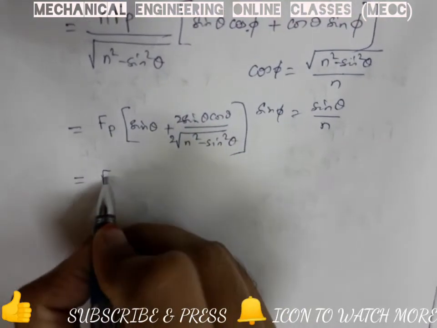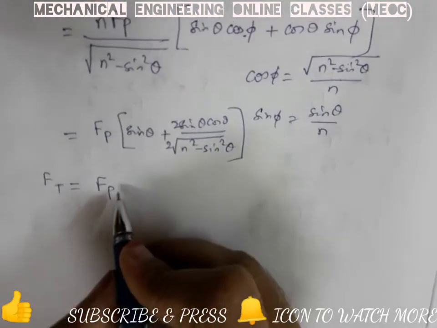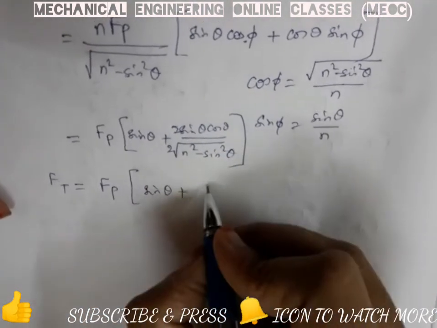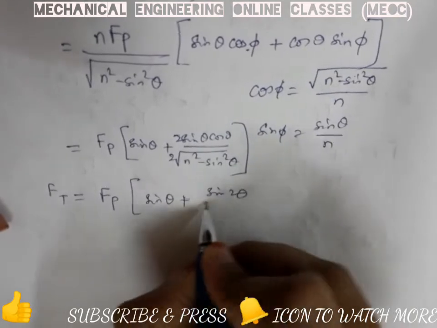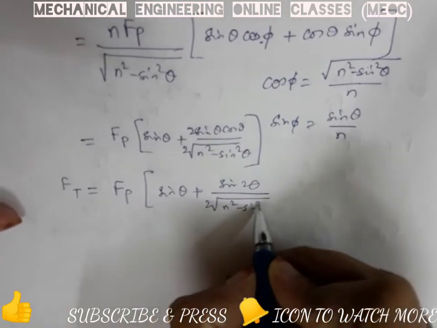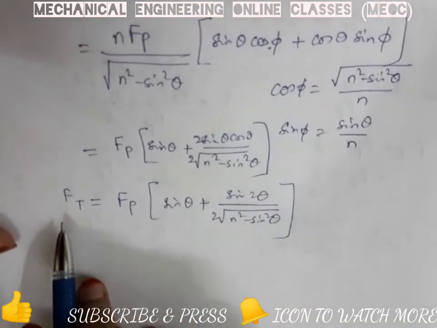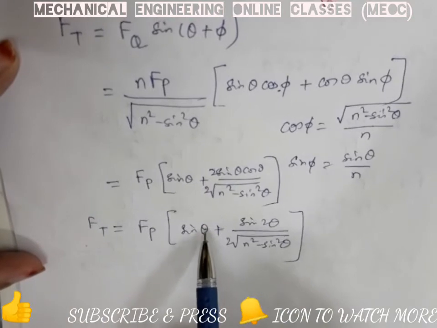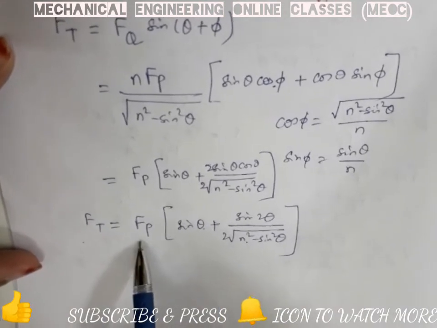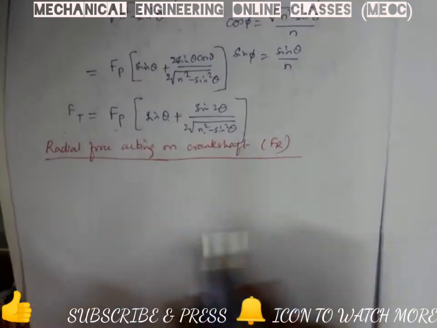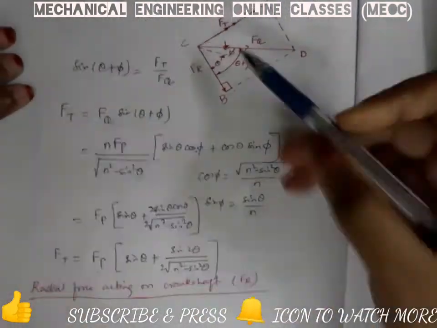So I can write Ft is equal to Fp into sine theta plus sine 2 theta by 2 root n square minus sine square theta. So this is a relation for finding Ft, tangential force on crank pin, using theta, obliquity ratio, and the piston thrust. So similarly we can find the radial force acting on the crankshaft, which is nothing but Fr.